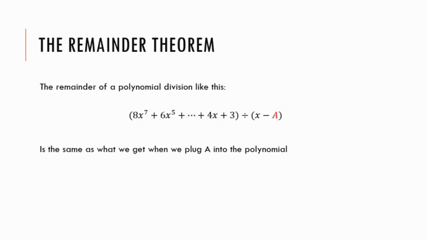What the remainder theorem tells us is if I have a polynomial division like the one you see, 8x to the 7th power plus 6x to the 5th power, and so on, all the way down to its constant term, and I divide that by another polynomial, x minus a, instead of dividing and going through all that work, if I want to know if x minus a is indeed a factor, I can take that a, what would eventually be my root, and substitute it into the polynomial.